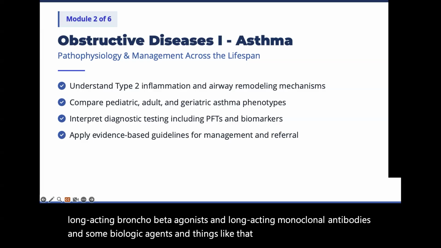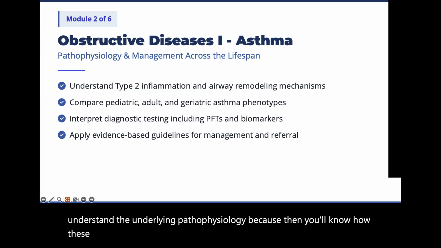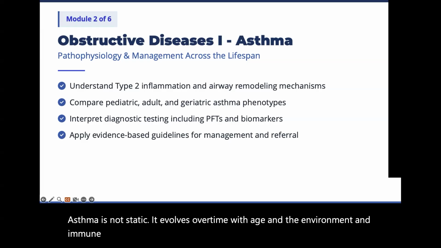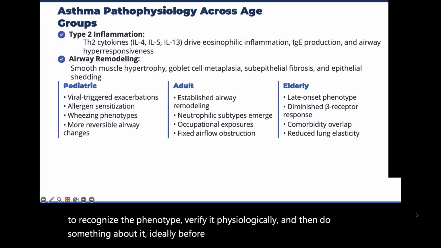But it's helpful if you understand the underlying pathophysiology, because then you'll know how these meds are working and at what point. Asthma is not static. It evolves over time with age, and the environment and immune tone also will affect the severity of symptoms. So your job here is to recognize the phenotype, verify it physiologically, and then do something about it, ideally before the remodeling is fixed.